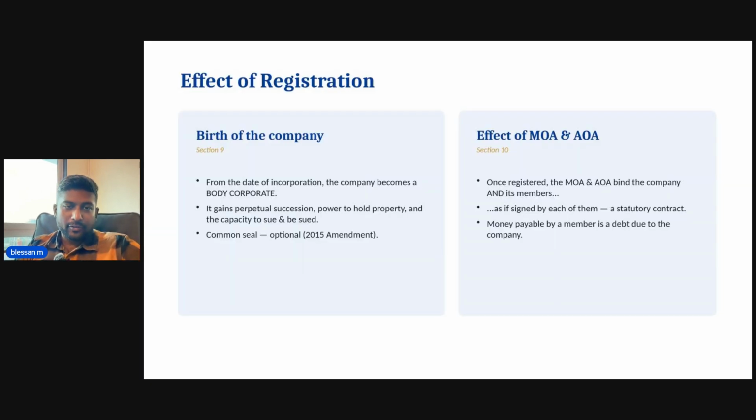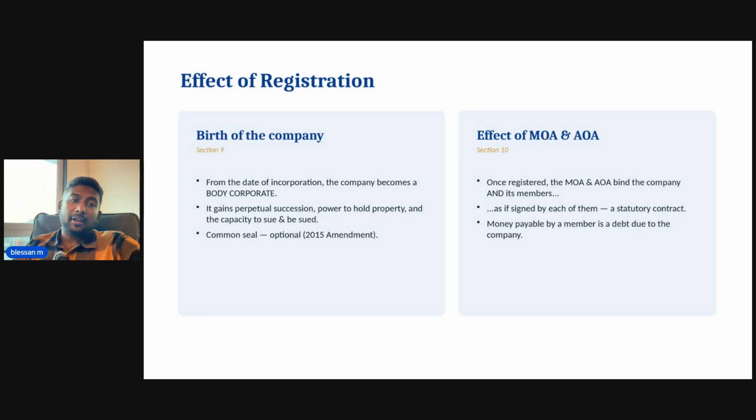Next, the effect of registration. Once the registration is effected, the company is born. That is under section 9. The company becomes a body corporate, so it will have perpetual succession. That is, even despite the death of any of the members, the company will keep on going. There won't be any end of the company unless it is liquidated under the provisions of the IBC or other procedures.